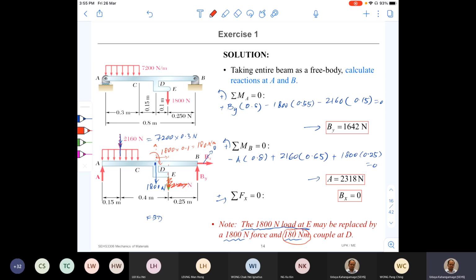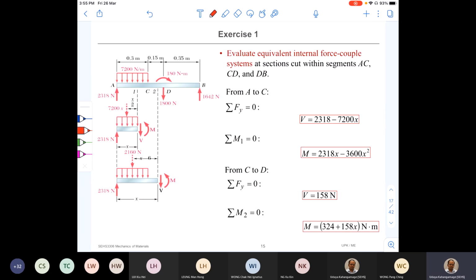So now can you see how I get this? The 180 Newton meter couple plus the 1800 Newton force at point D is equivalent to the effect created by the concentrated downward force at point E. This way we can now draw the free body diagram for AB. That is what I did in the next slide.